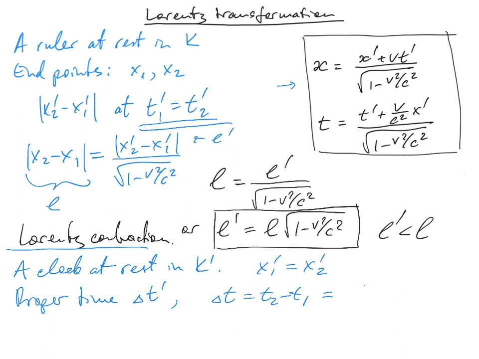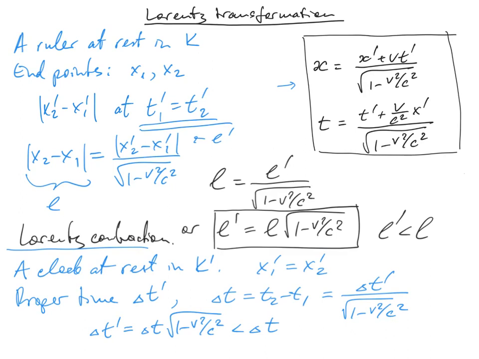So here we'll find delta t prime divided by the square root. Or, in other words, we can also write delta t prime equals delta t times the square root. So this is less than delta t. So the clock in the moving reference frame, where it's at rest, delta t prime, when compared to stationary clocks, is counting slower by this square root. This is called time dilation.